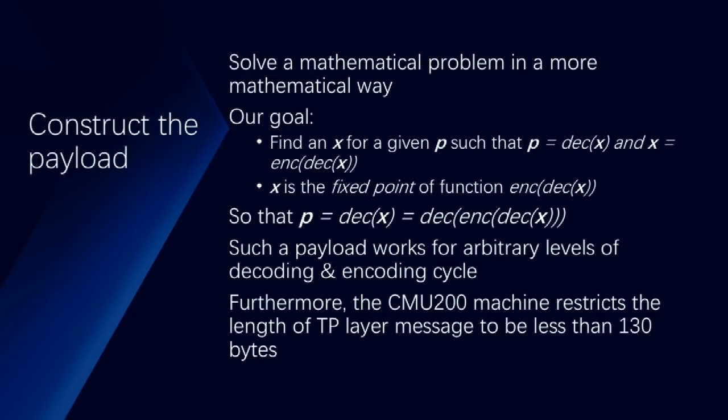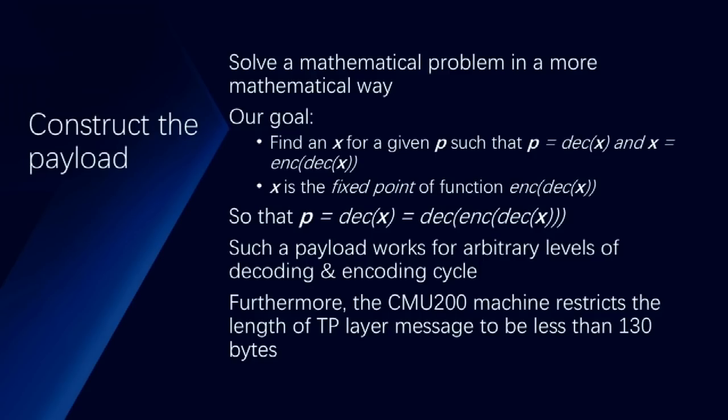With this condition, you can derive p equals decode(encode(decode(x))). That's exactly what we want. Furthermore, this kind of payload can go through not only one or two cycles of encoding and decoding, it can go through arbitrary levels of encoding and decoding and survive all the time. So this is a very elegant solution, and this is what we want.